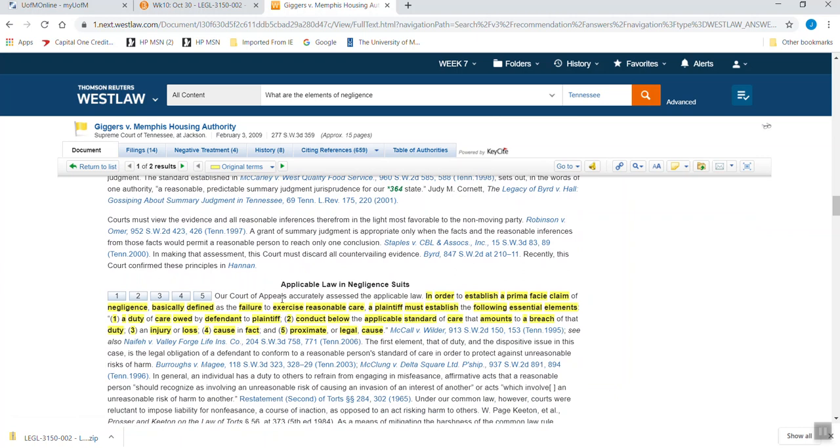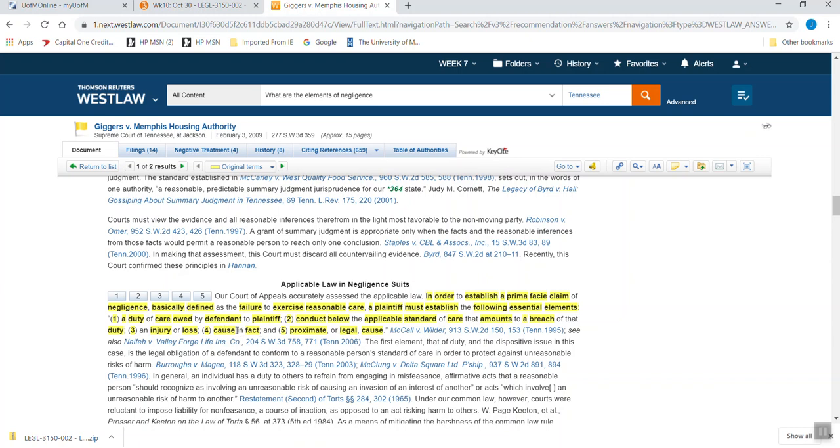So here, our Court of Appeals accurately assessed the applicable law. In order to establish a prima facie claim of negligence, we must have a failure to exercise reasonable care. A plaintiff must establish the following essential elements: a duty of care owed by defendant to plaintiff, conduct below the applicable standard of care that amounts to a breach of the duty, an injury or loss, a cause in fact.